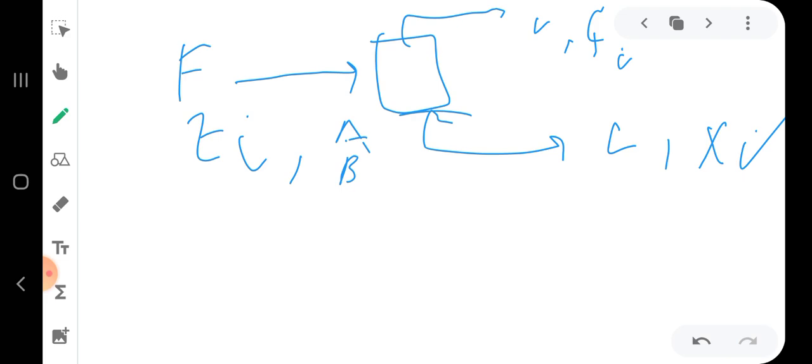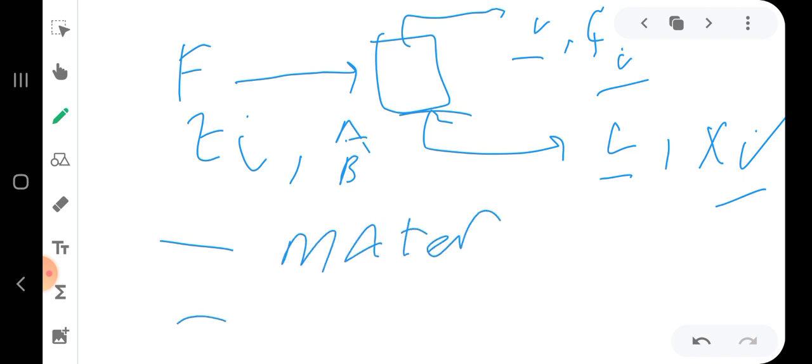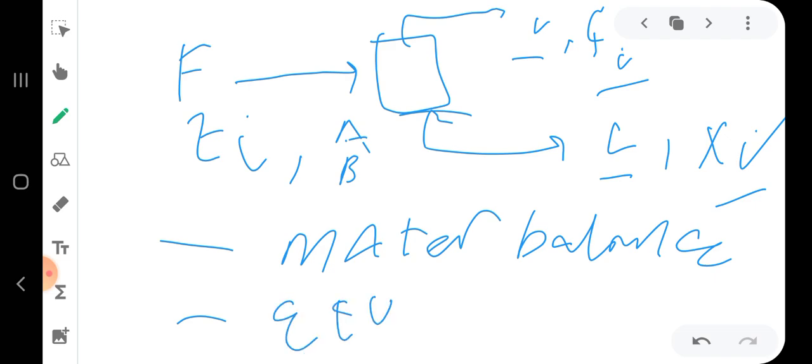So how can we solve a problem where we need to find the flow rates or the composition? Simply, we are going to apply the material balance, and we are going to apply the equilibrium relations.